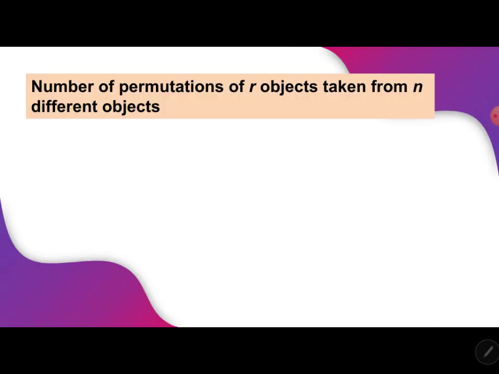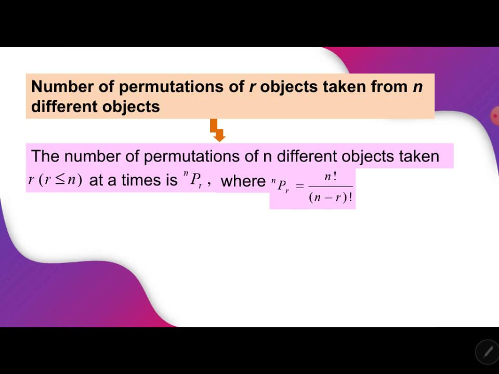Number of permutations of r objects taken from n different objects. So now we have n different objects, but we only choose r objects, where r is less than or equal to n. The number of permutations of n different objects taken r at a time is nPr, where nPr is equal to n factorial divided by n minus r factorial.